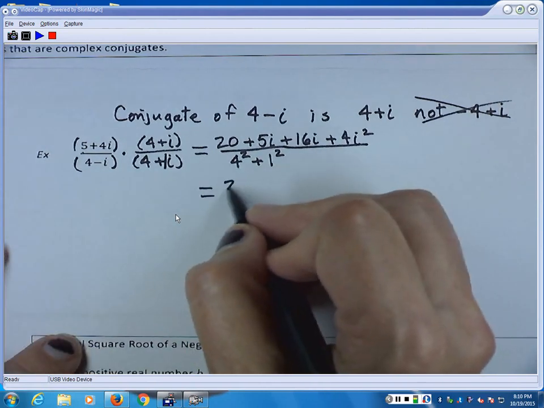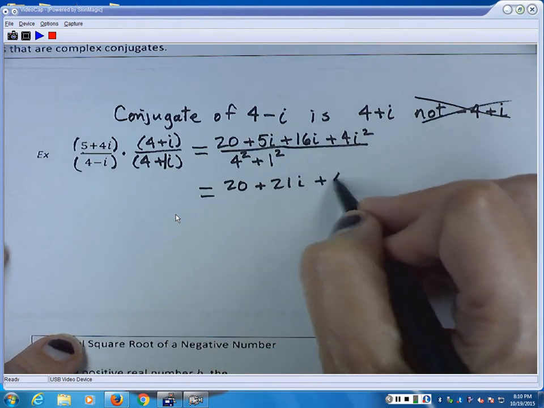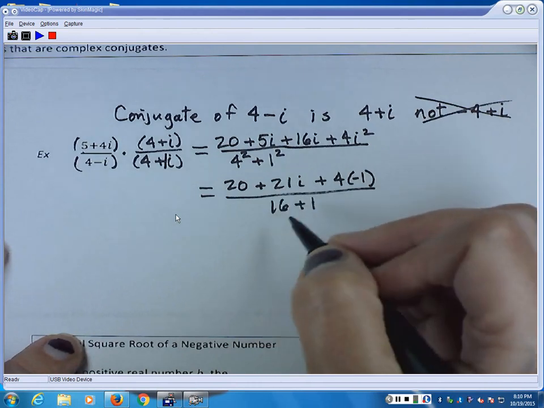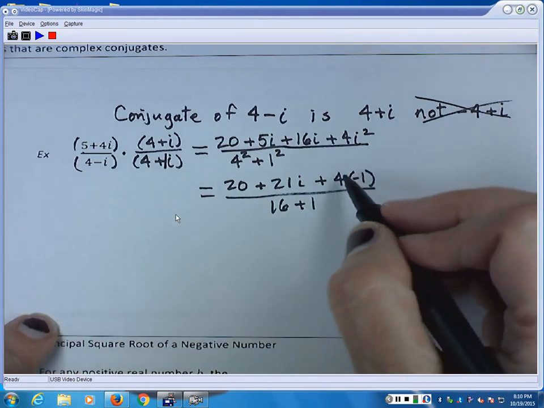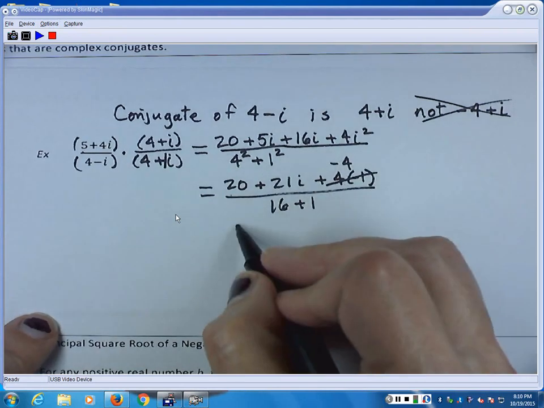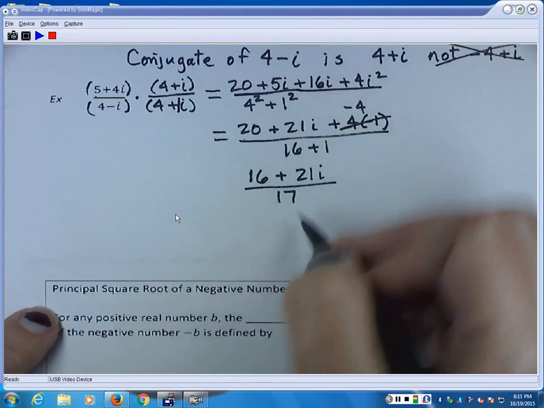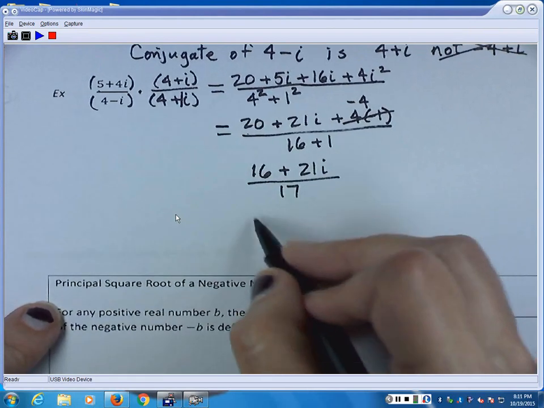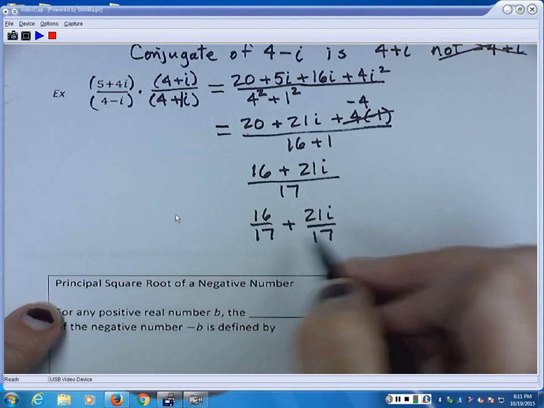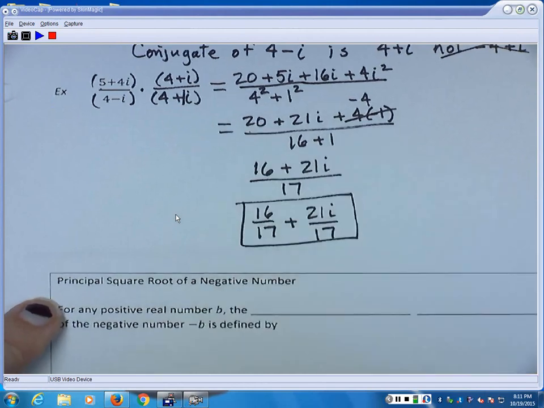Okay, I'm going to combine my like terms, plus 21i, and then this is 4 times negative 1, and this is 16 plus 1. We have 17 in the denominator. This equals negative 4, so 20 minus 4 is 16 plus 21i over 17. Then we split that. Remember, we can split a fraction. We write it as 16 17ths plus 21i over 17. That's our standard form. Or we can write the i down here.